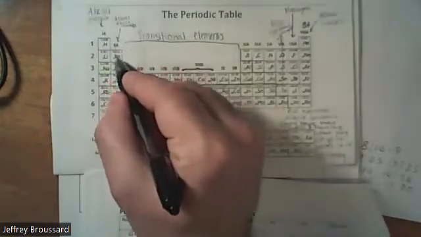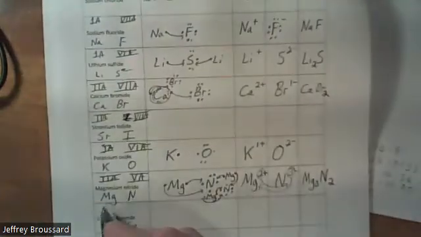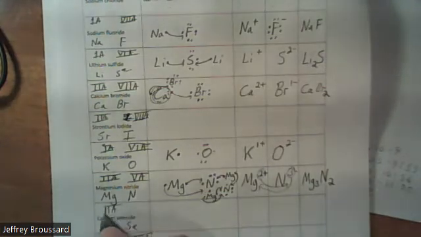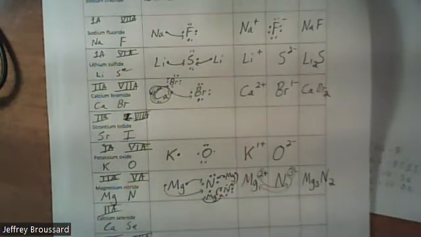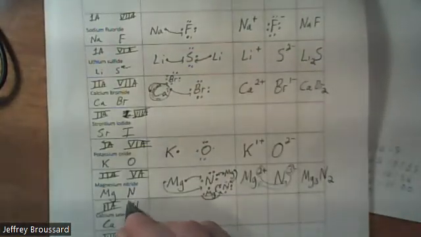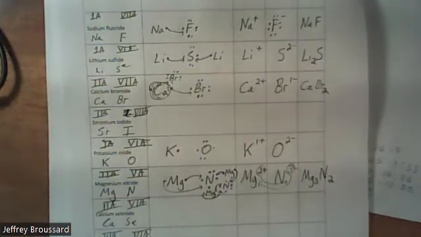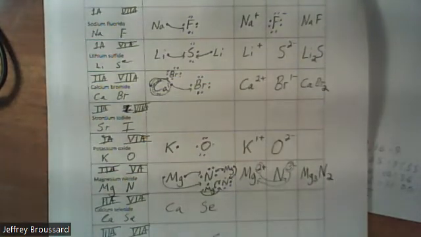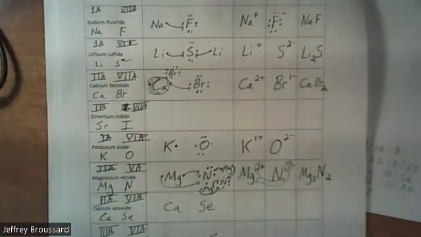Remember, group 2A, Ca. That's 1, 2. There we go. And Se is right below sulfur in group 6A. CaSe. I'll let you go ahead and draw those dots.